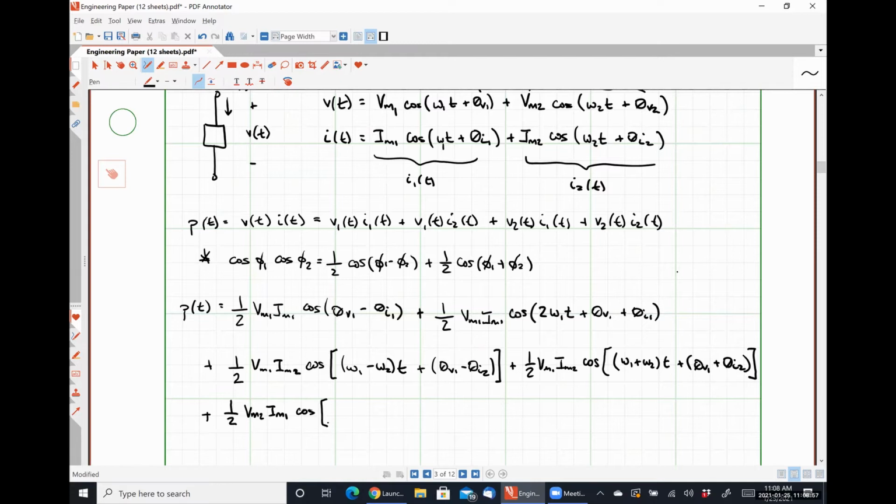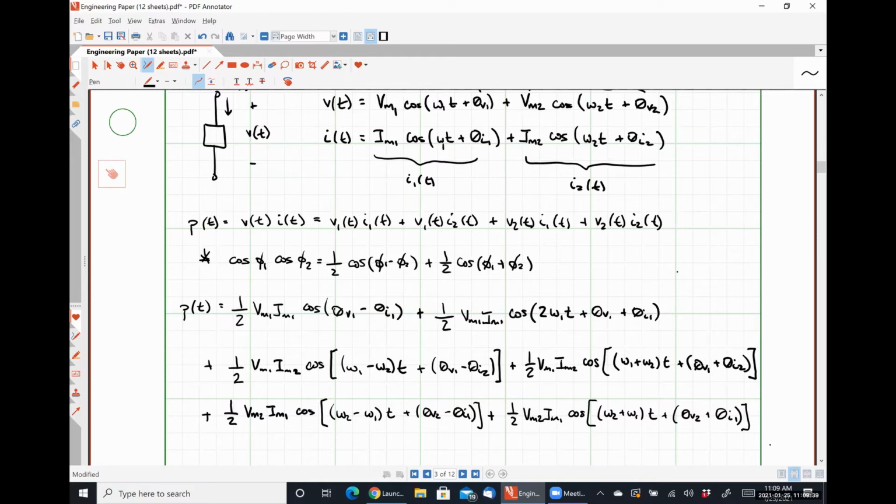So now we're going to have omega 2t plus theta V2 minus omega 1t plus theta I1, which is going to give us omega 2 minus omega 1 times t plus theta V2 minus theta I1, plus 1/2 Vm2 Im1 cosine omega 2 plus omega 1 times t plus theta V2 plus theta I1.